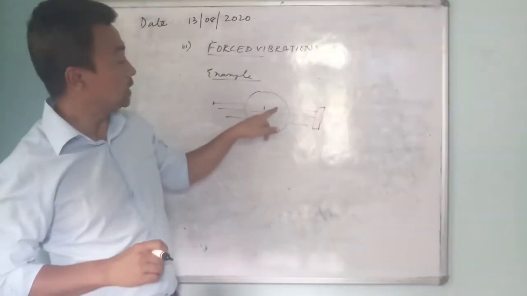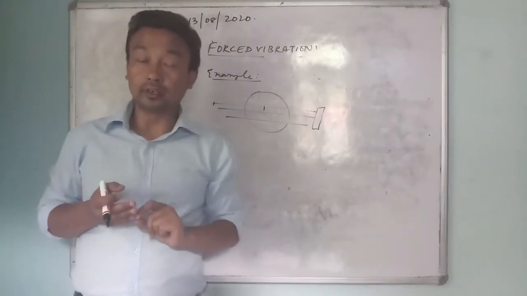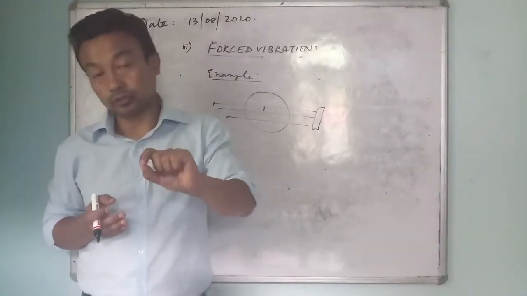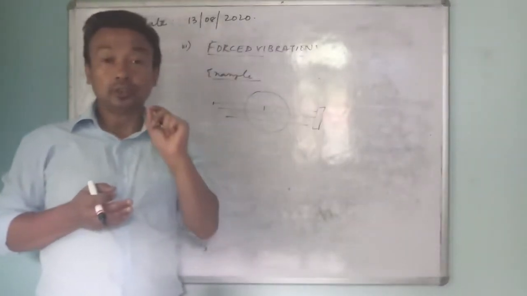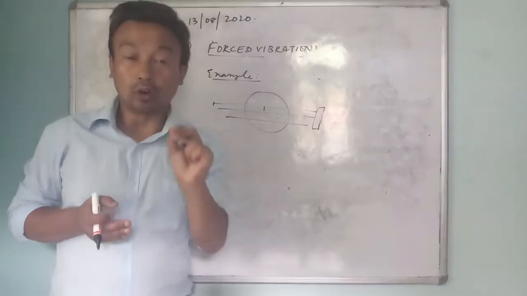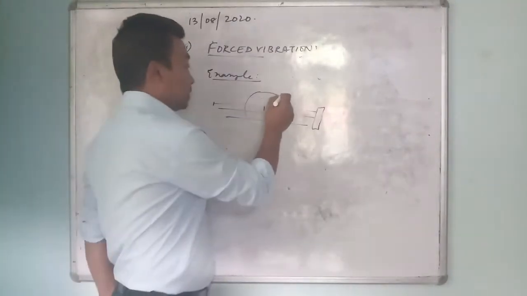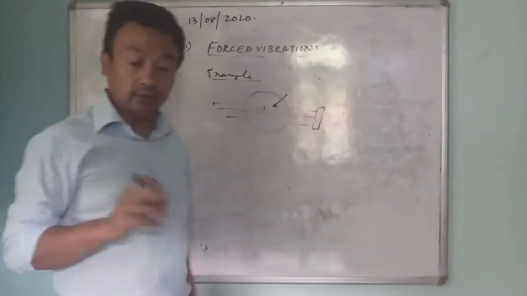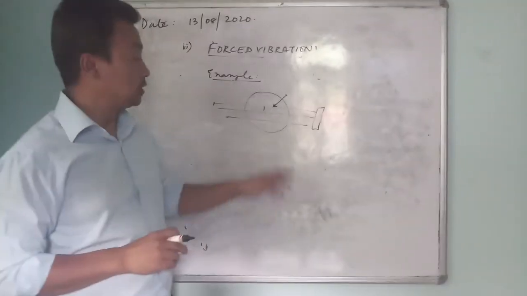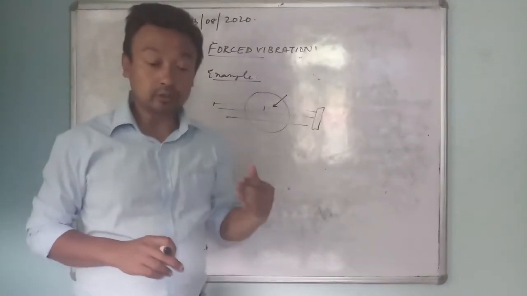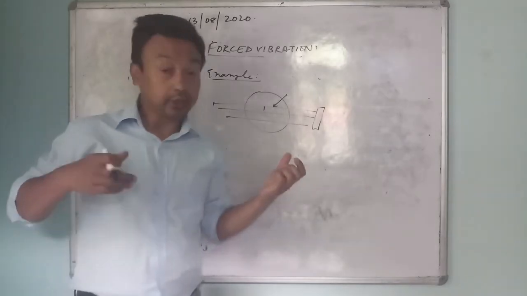Okay, so in forced vibrations, the body does not vibrate due to its natural frequency. But the vibration takes place due to the frequency of the external periodic force which you have applied. And the amplitude of this external periodic force does not change with time, it remains constant if it is periodic.